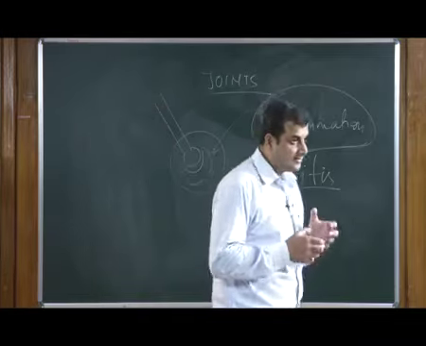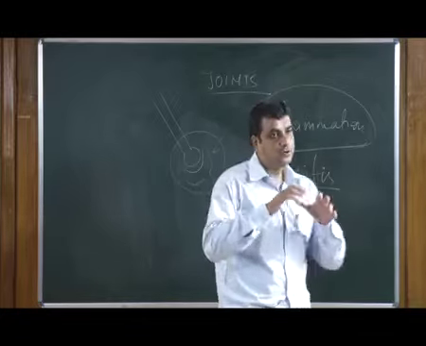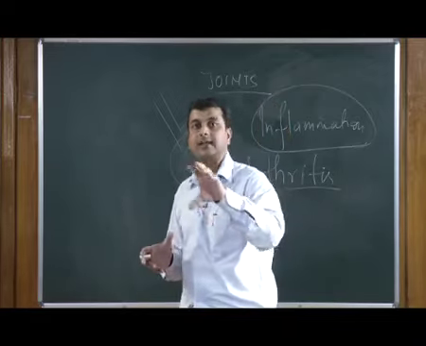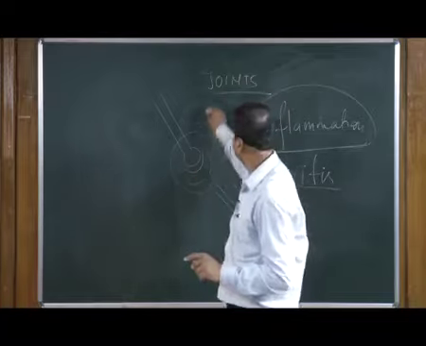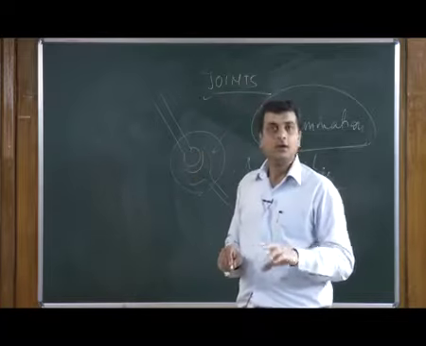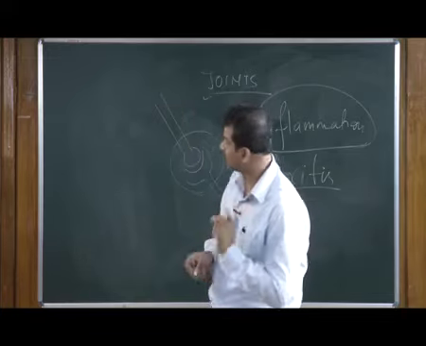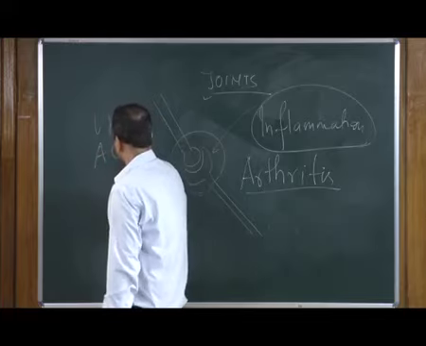Now, as I say, the joints are very important, and sometimes if your drainage system is not good, then your excretory products will get accumulated in different parts of the body, and one such part is joints. One such excretory product is uric acid. This uric acid is very toxic to our body.